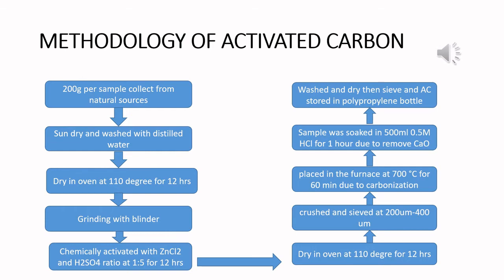Then the sample was soaked in 500 ml of 0.5 molar hydrochloric acid for 1 hour to remove the calcium oxide. Finally, it was washed and dried, and the activated carbon is stored in a polypropylene bottle to avoid moisture.